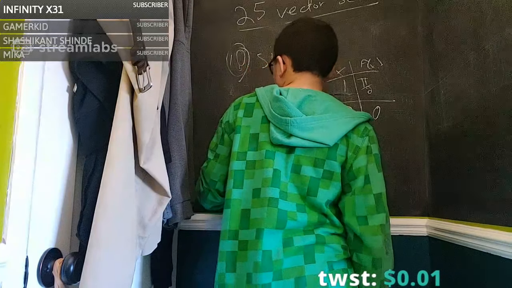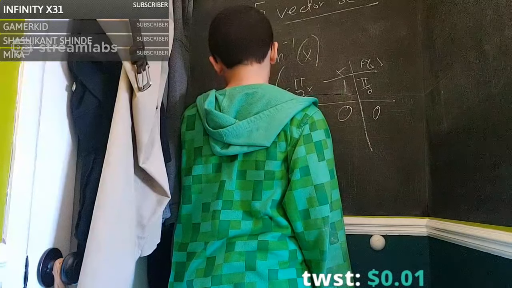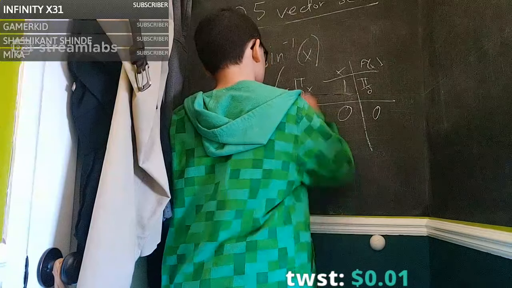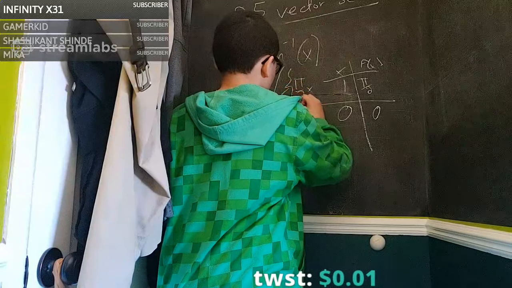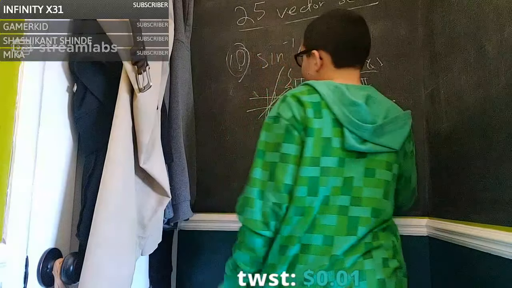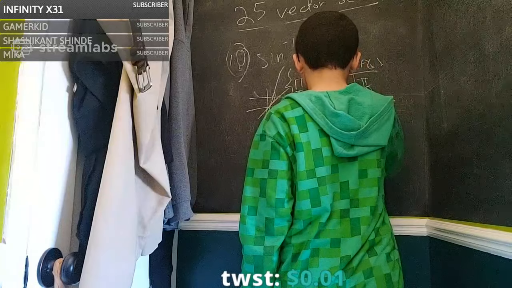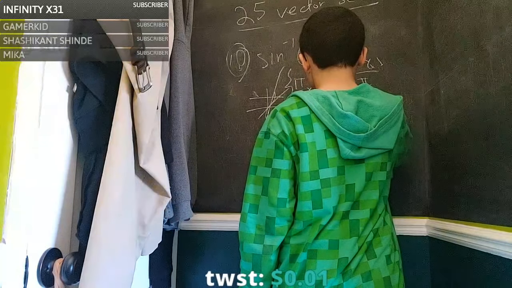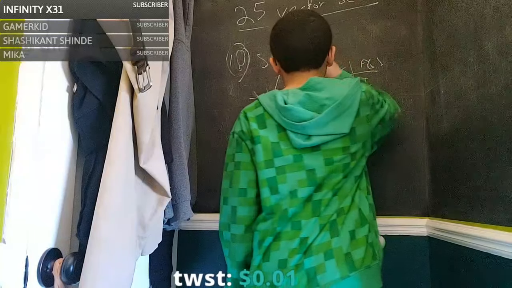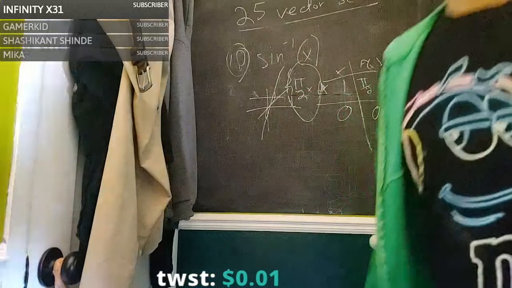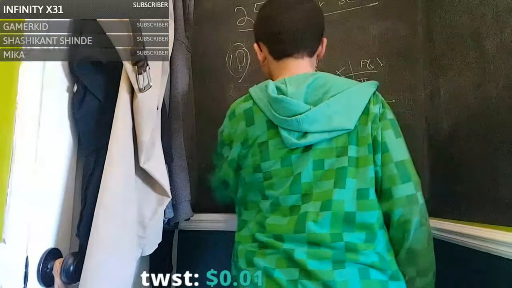So pi over 2x is our answer, as our approximation. It's piecewise, but just say pi over 2x, okay. Because I don't really like those functions very much.